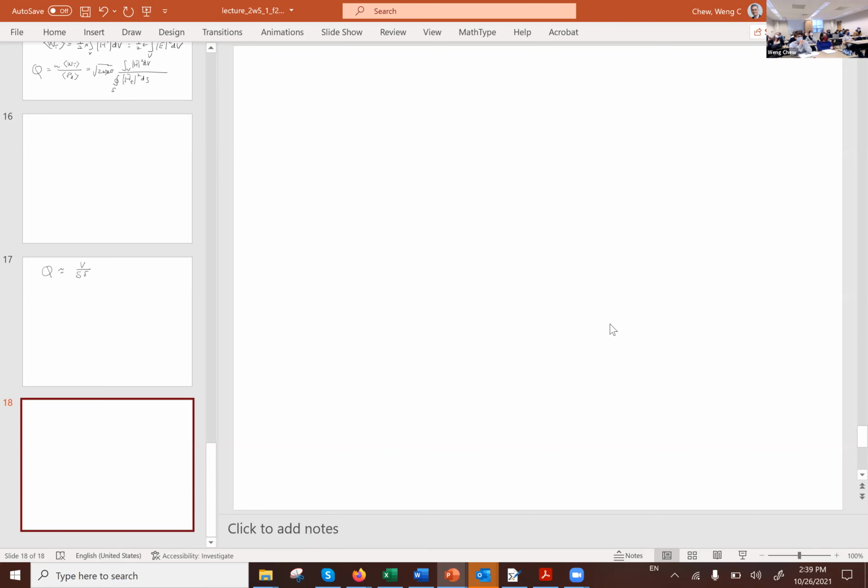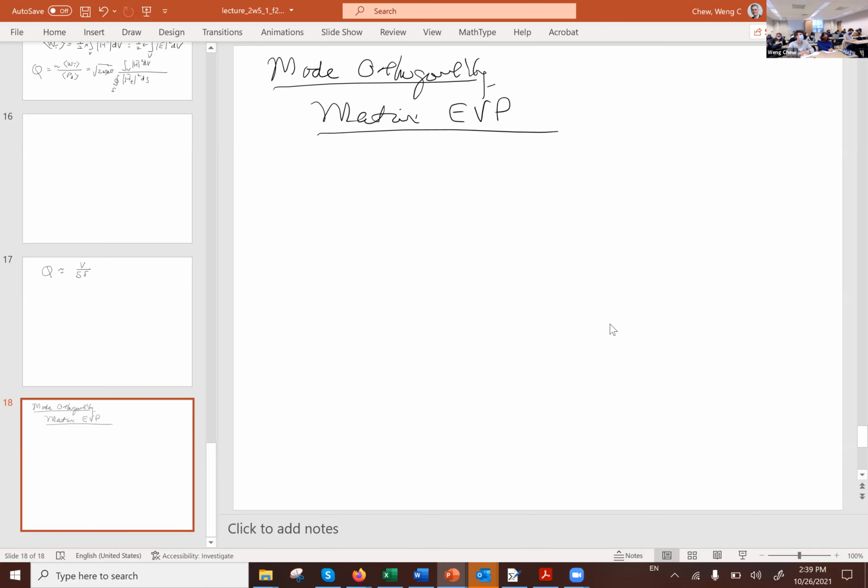So I'm going to talk about more orthogonality, and how this is associated with the matrix eigenvalue problem. We solve for waveguide mode in a manner where we can reduce everything to the reduced wave equation.